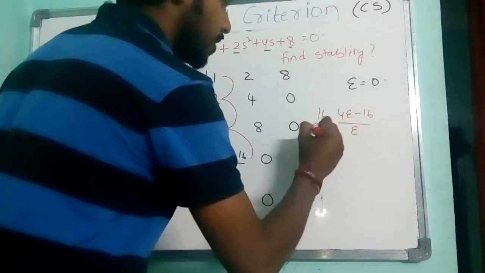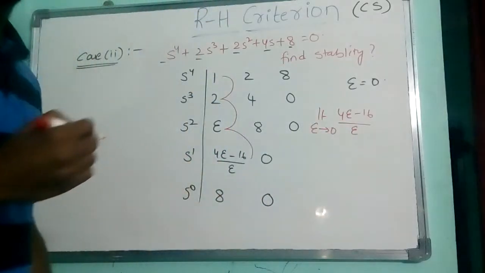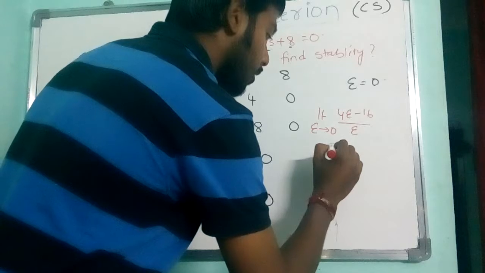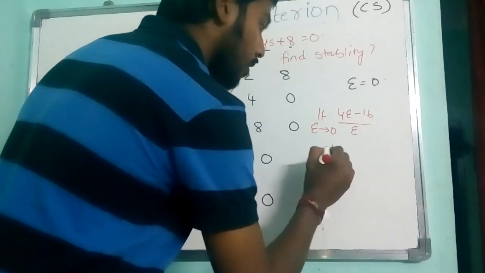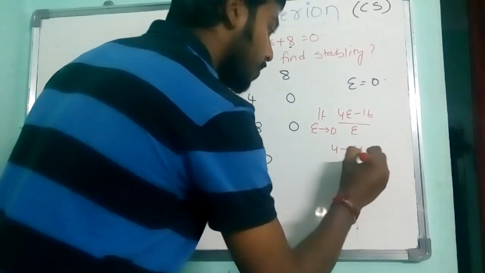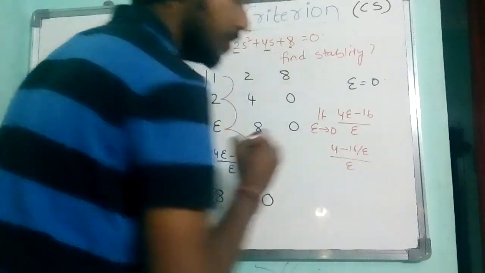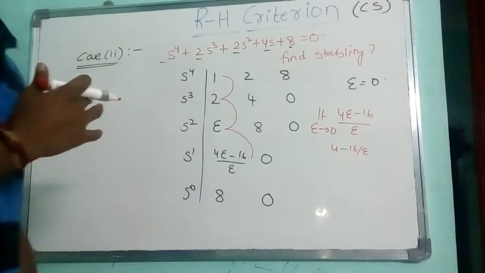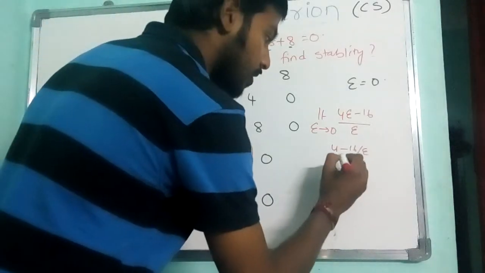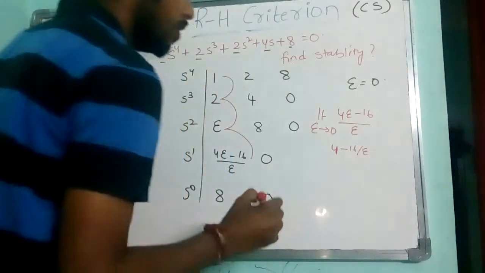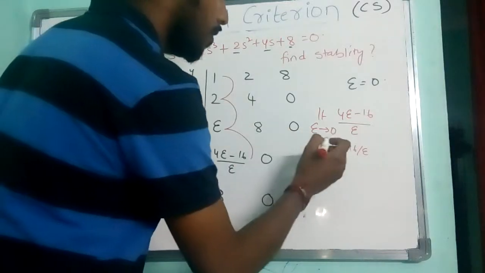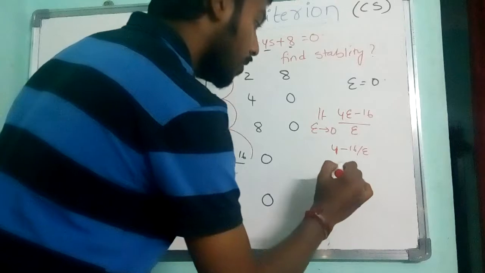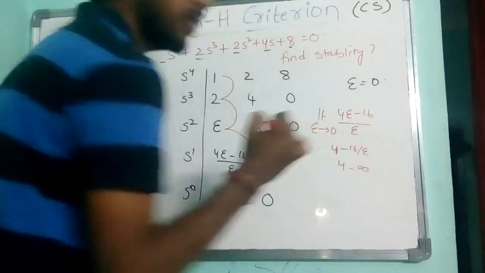What is epsilon tending to? 0. Epsilon tending to 0. Then 4 epsilon minus 16 by epsilon, when epsilon is 0, is 4 times 0 minus infinity.